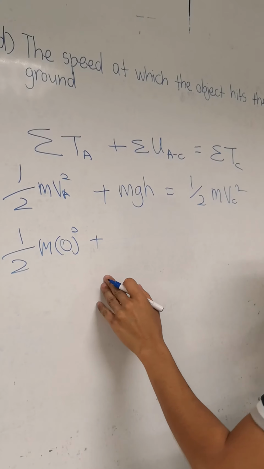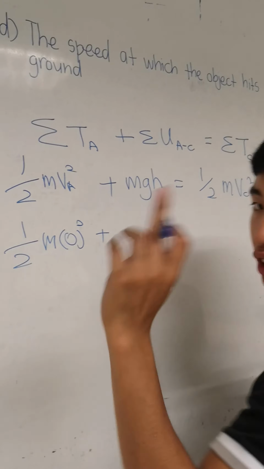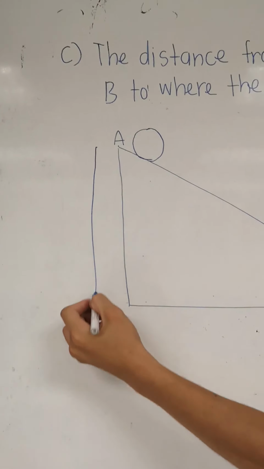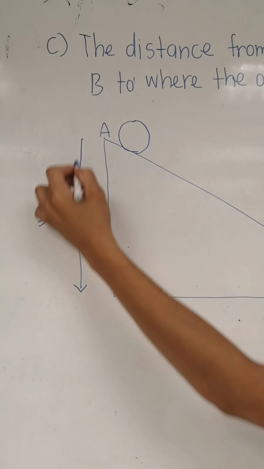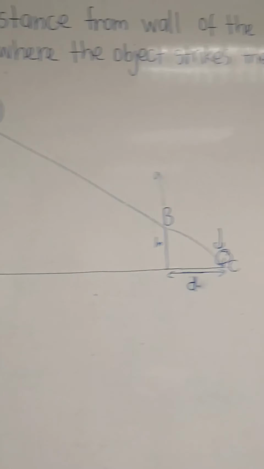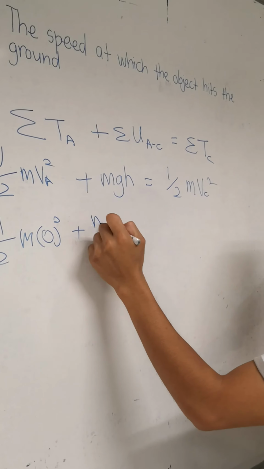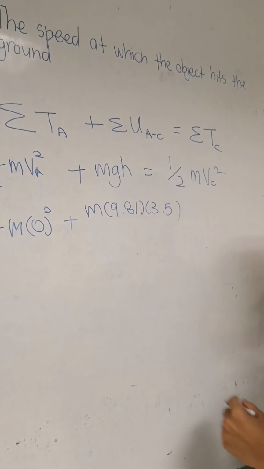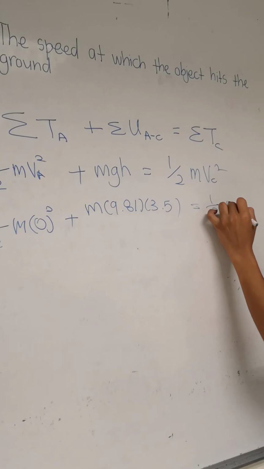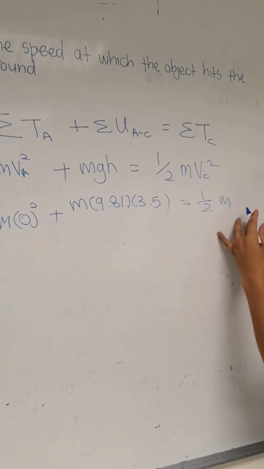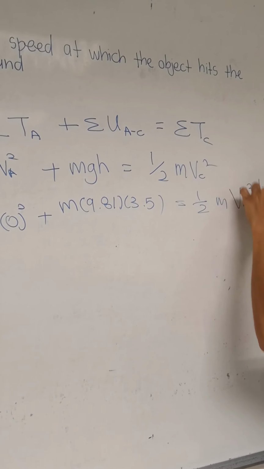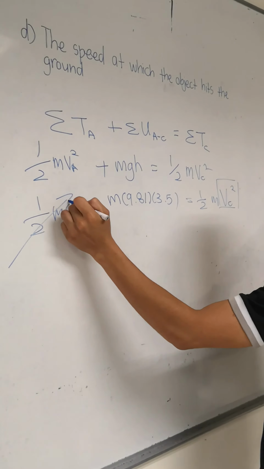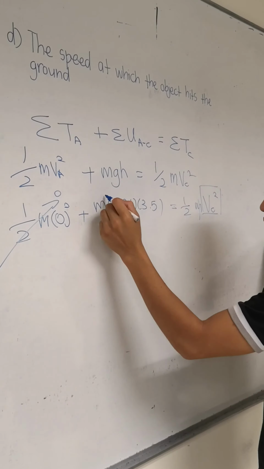plus mgh. The height is 3.5, because the question asks us to find when it hits the ground, meaning from the top until the ground is 3.5 meter. So we use m times 9.81 times 3.5, and then 1/2 m VC squared. VC is what we want to find. Of course this 0 and m we can cancel.